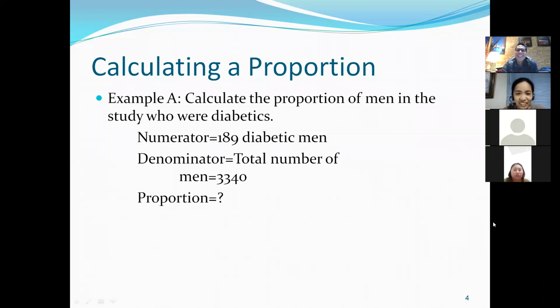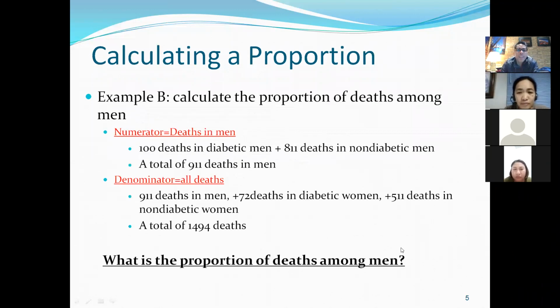So, all right, we get the correct answer by dividing the number of diabetics by the total number of men, and then we multiply it by 100, and the correct answer is 5.66%.